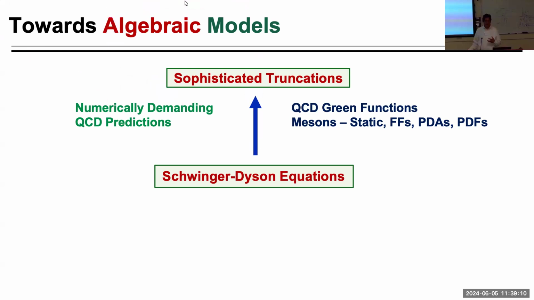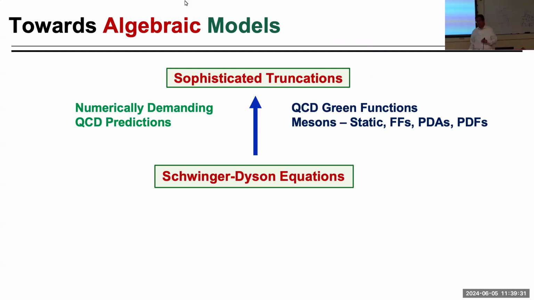And most of the things that we can claim to do quite accurately are limited to the QCD Green functions like the gluon propagator or the quark propagator, and some of the mesons like the pseudoscalar mesons and the vector mesons can be done more or less quite accurately.